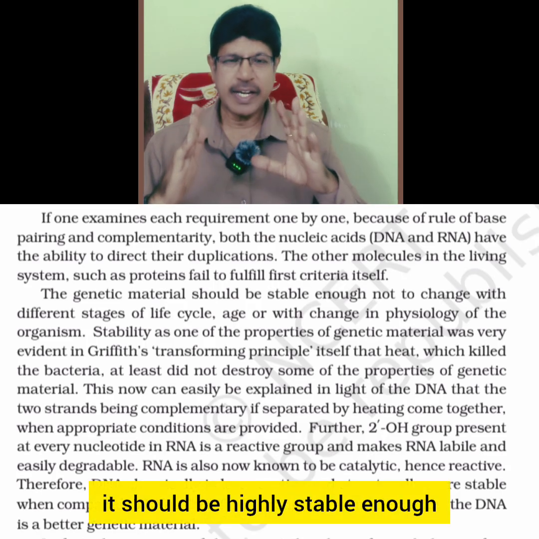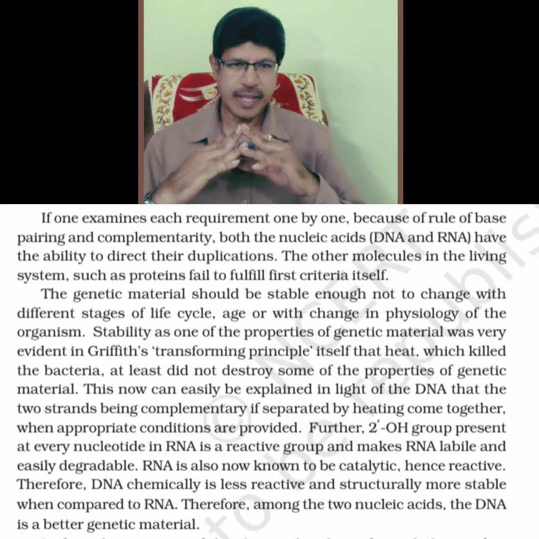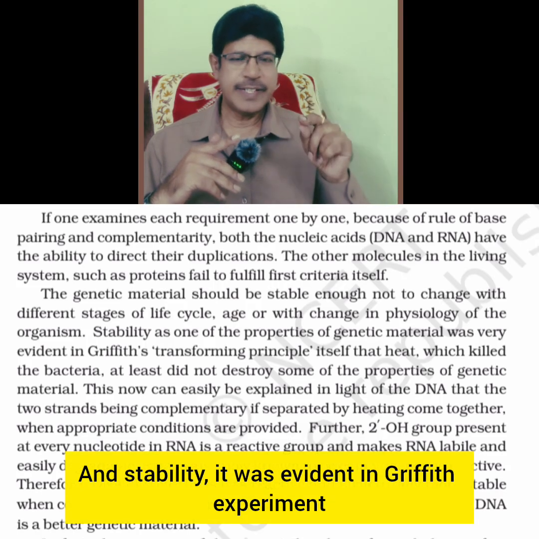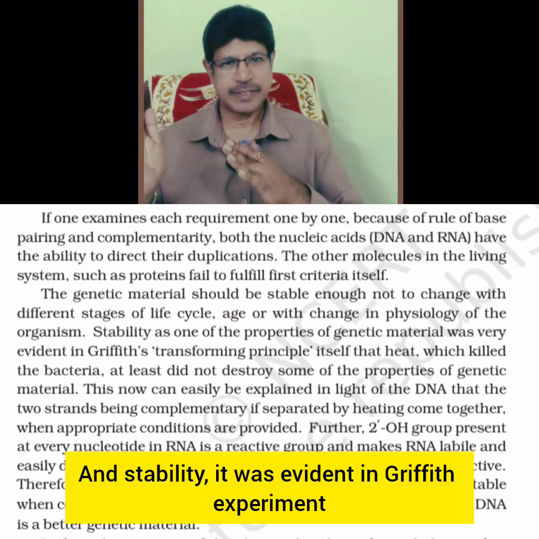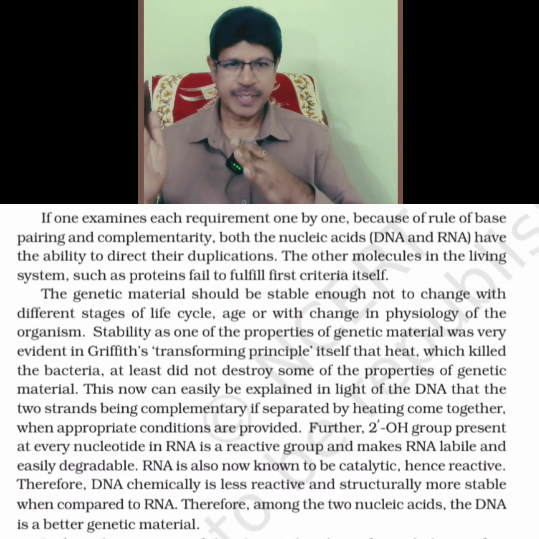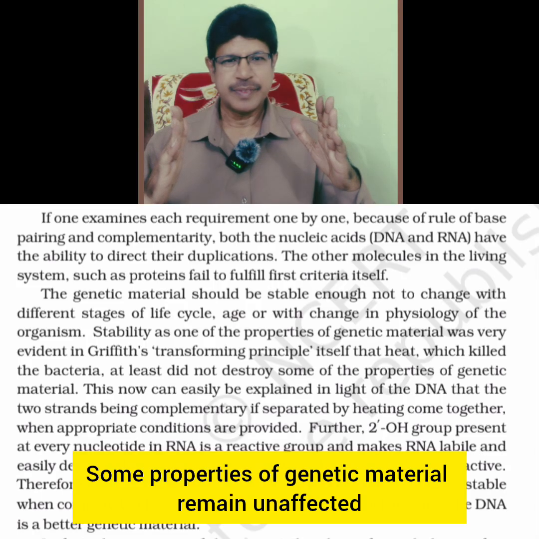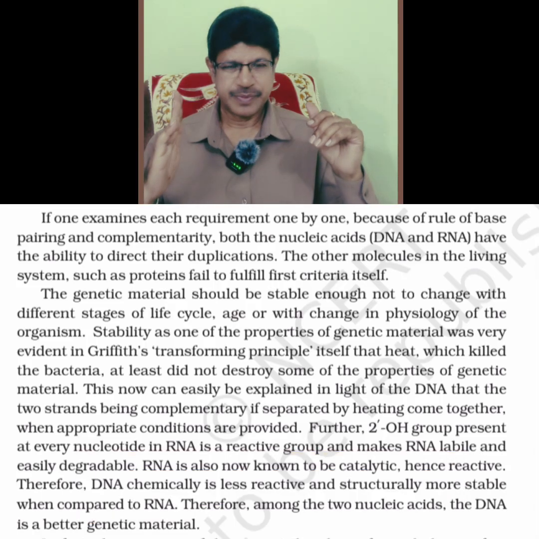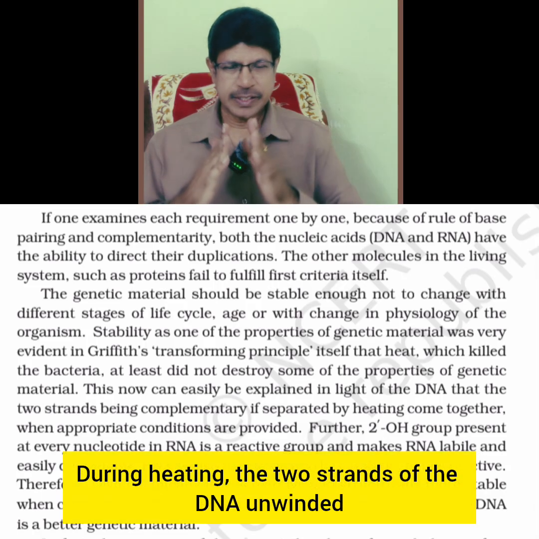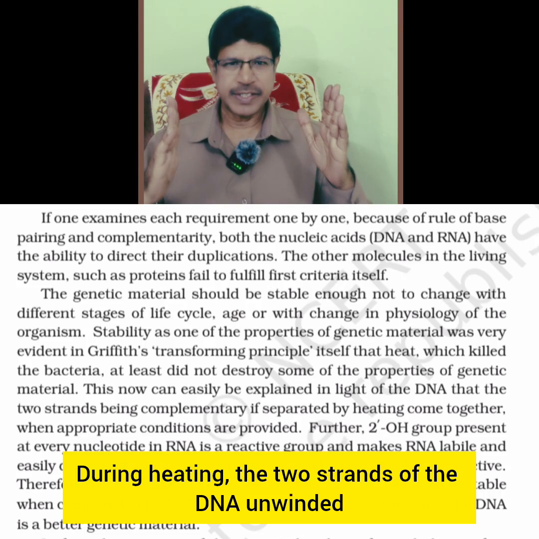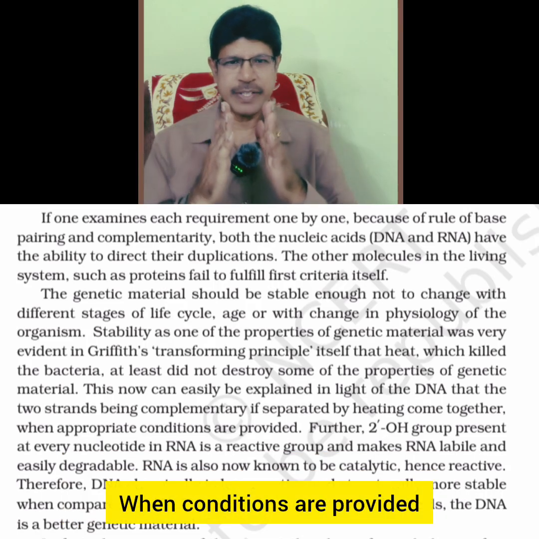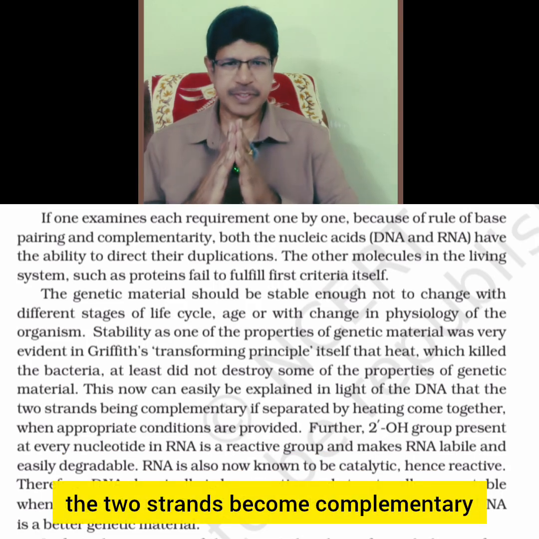And stability was evident in the Griffith transformation experiment, with heat-killed bacteria. Some properties of the genetic material remain unaffected. During heating, the two strands of the DNA unwind. When conditions are provided, the two strands become complementary again.